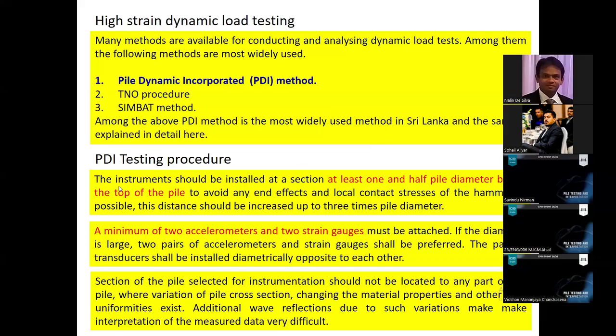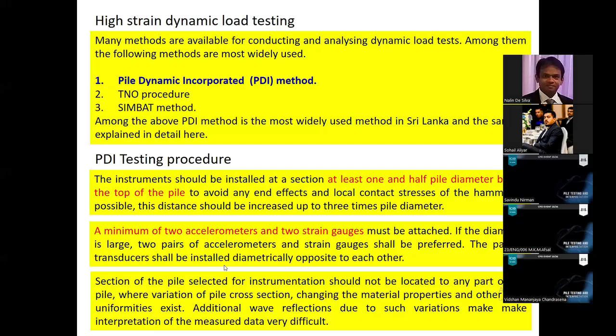So the instruments should be installed, as I said earlier, at least 1.5 pile diameters below the pile top to avoid any end effects. A minimum of 2 accelerometers and 2 strain gauges must be attached diametrically opposite to each other. For large diameter piles, you need at least 4 sets, right?